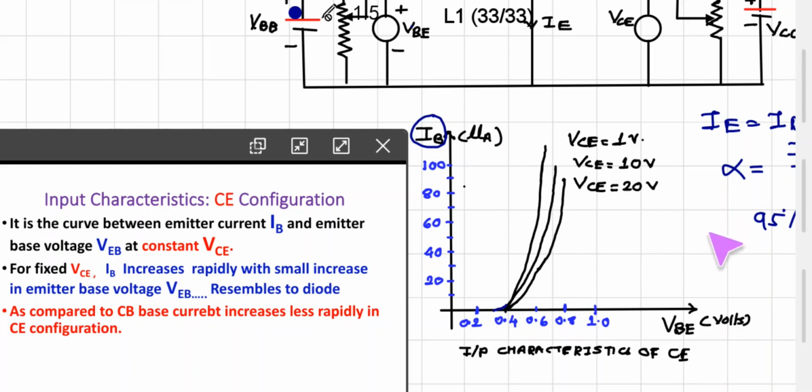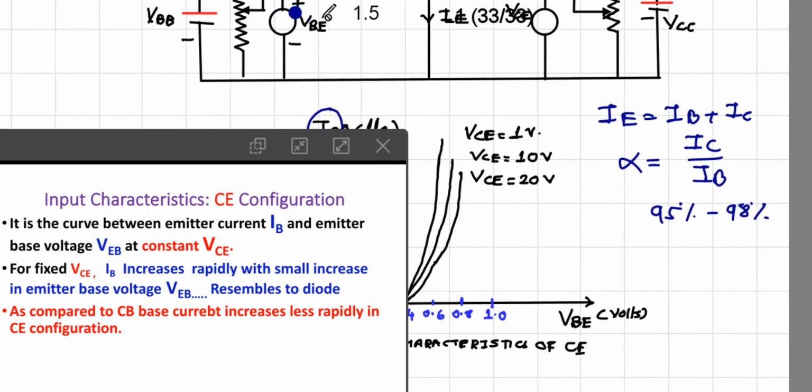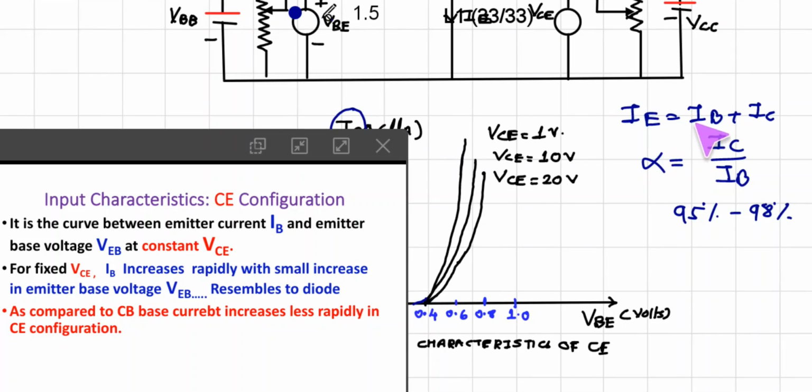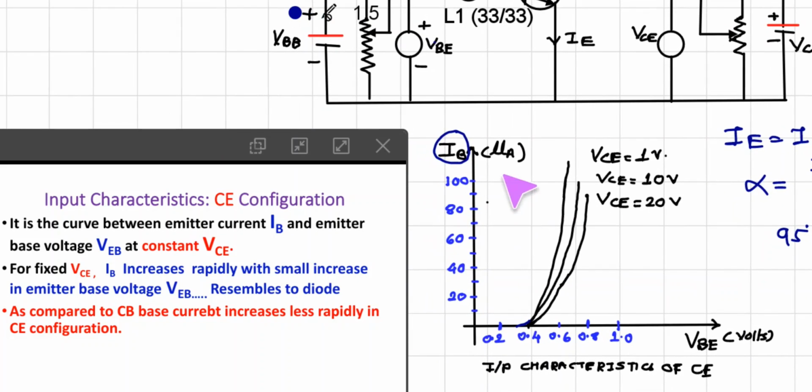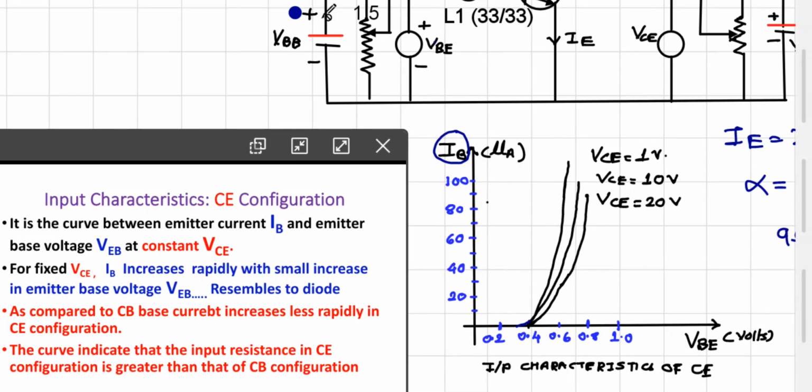We know that IE is equal to IB plus IC, and we know that alpha is equal to IC upon IE, and almost 95 to 98% of emitter current flows through the collector. So about 2 to 4% current flows through the base, and that is why it is very small, in microamperes.